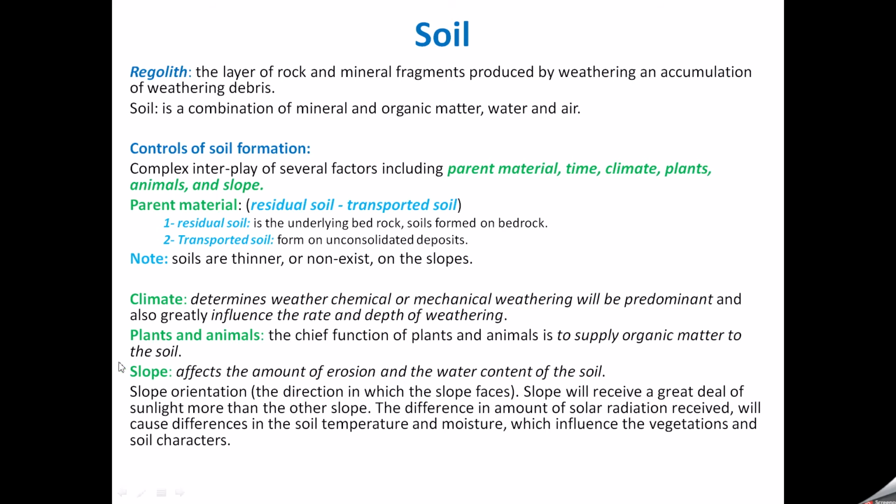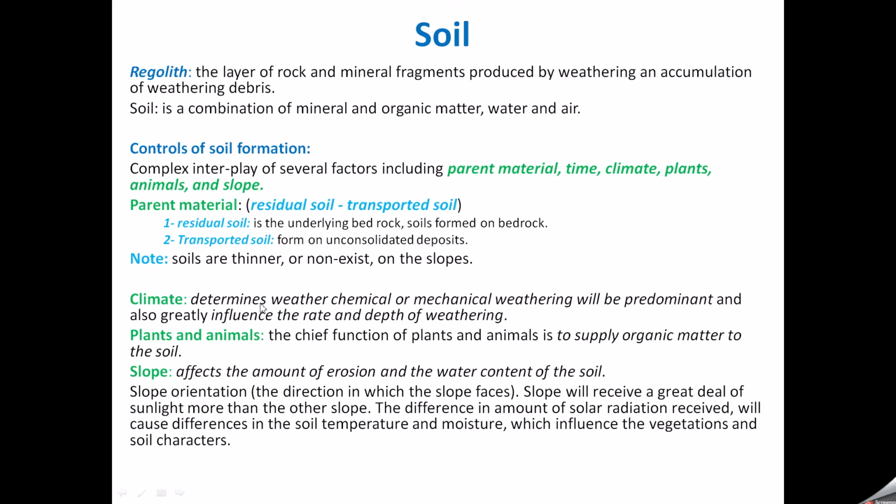The transported soil forms on unconsolidated deposits. So transported soil means the soil formed somewhere at the bedrock and then was transported down and deposited at another place as unconsolidated deposits. Note, soils are thinner or nonexistent on the slopes. We'll see that in the next picture.